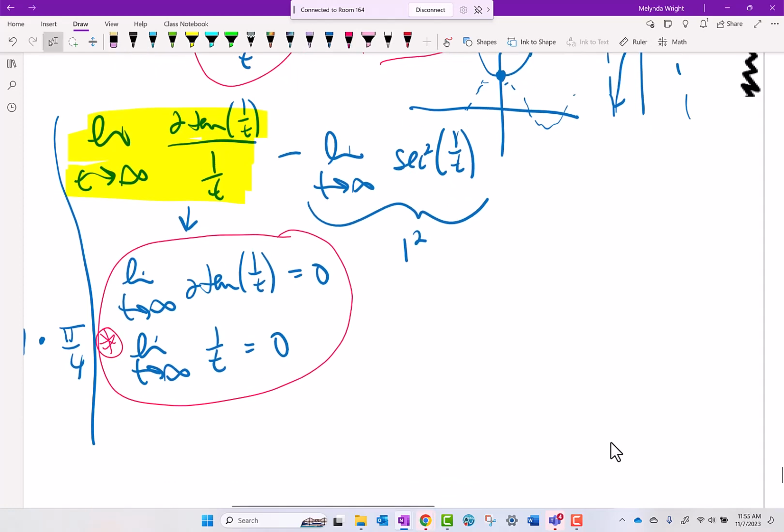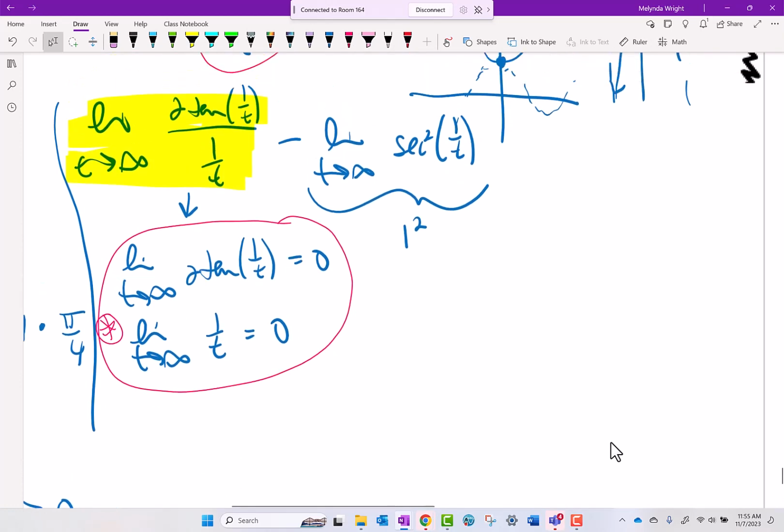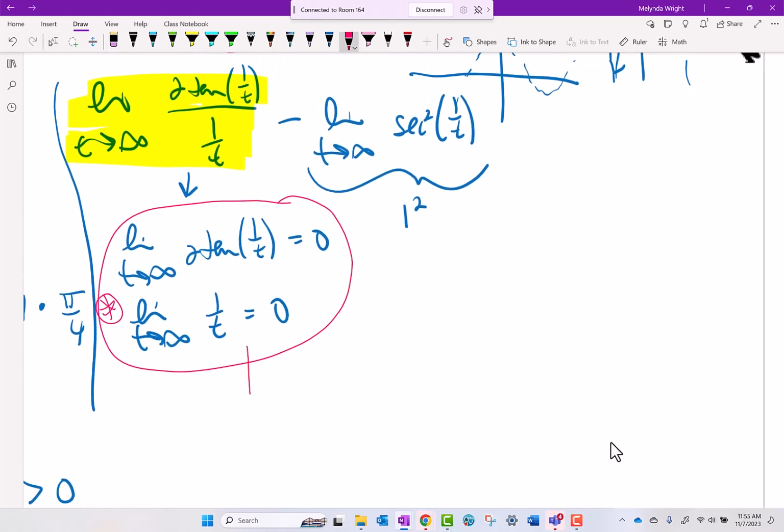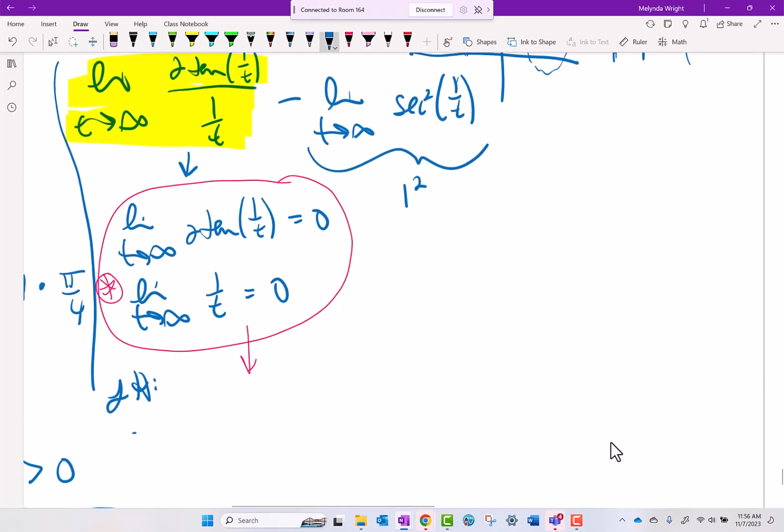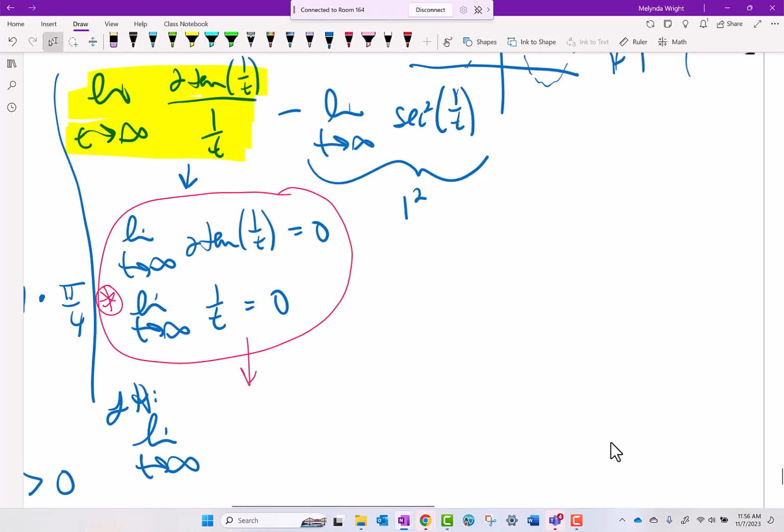All right, so I'm going to keep going down. I'm going to do L'Hopital. So the limit as t goes to infinity. The derivative of 2 tangent is 2, let's see, the derivative of tangent is secant squared.